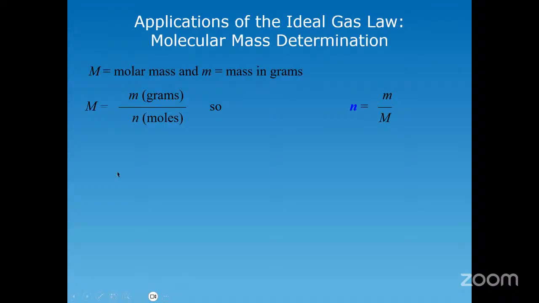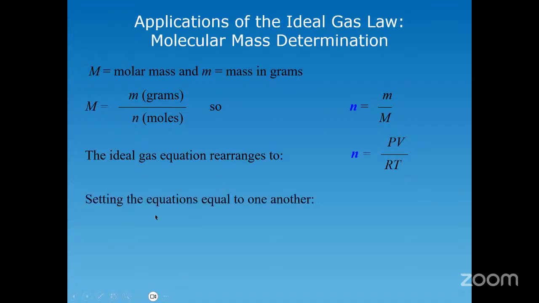And we can rearrange this equation to get the moles being equal to the mass in grams divided by the molar mass. Now, based on the ideal gas equation, we can also have an expression for the moles being equal to PV over RT. So therefore, because n is equal to this and n is equal to this, these two expressions will be equal to each other, right? So when we put that in place, we can rearrange it to get an equation for the molar mass of a gas, right?